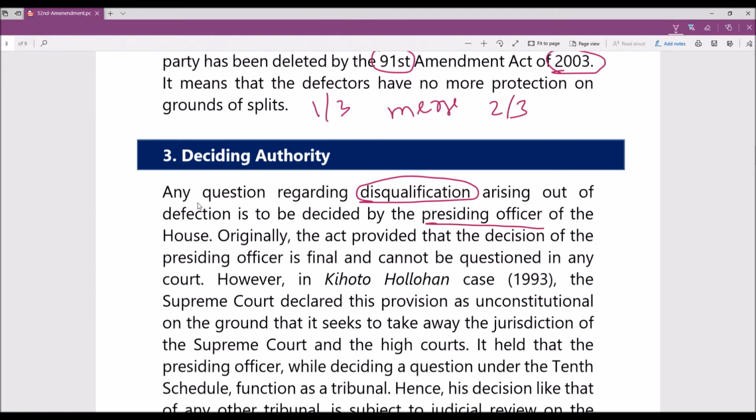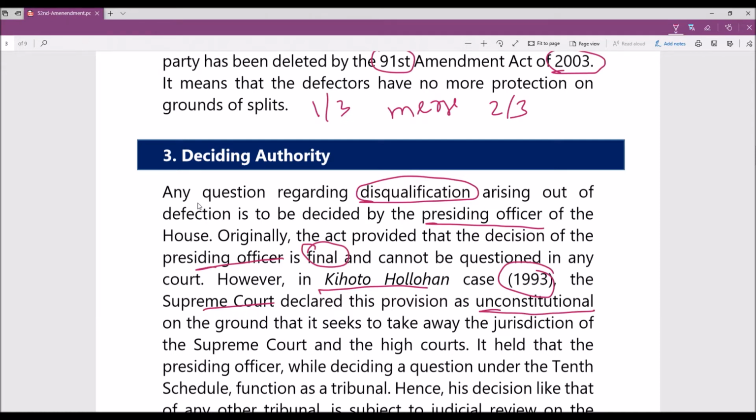Originally, the Act provided that the decision of the presiding officer is final. Previously it was held that the decision of the presiding officer or Speaker of the House is final in matters of defection. But in the Kihoto Hollohan case in 1993, the Supreme Court declared that provision unconstitutional, because you are undermining the authority of the law.